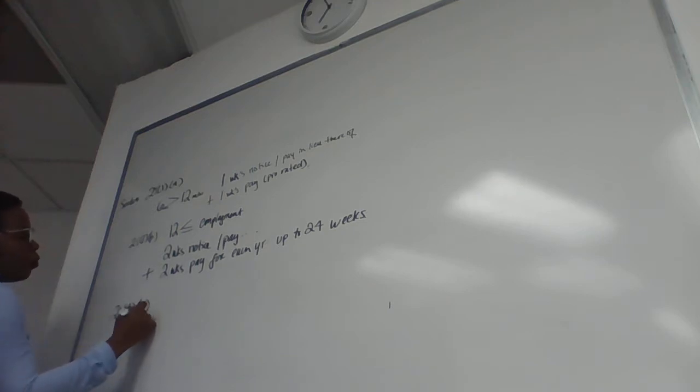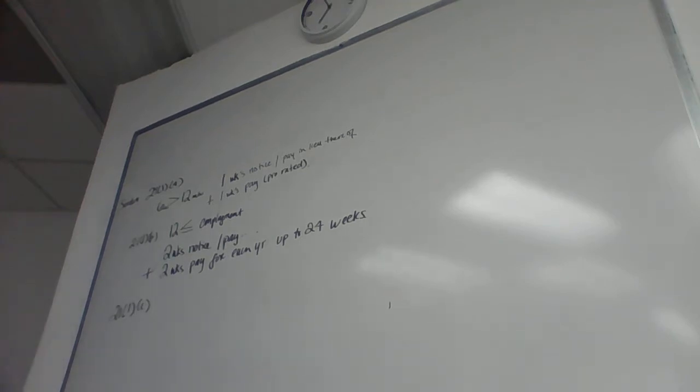Where the employee holds a supervisory or managerial position, 1 month's notice or 1 month's basic pay in lieu of notice, and 1 month's basic pay or a part thereof on a prorated basis for each year up to 48 weeks. So it's the same kind of thing we did with our strokes, right?